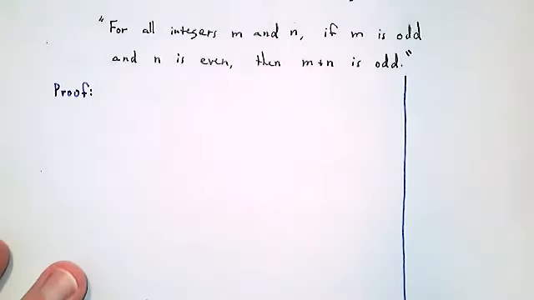The first thing to do if you're going to write a proof is to let the person who's reading know that you're actually going to write a proof. So start by writing the word proof.